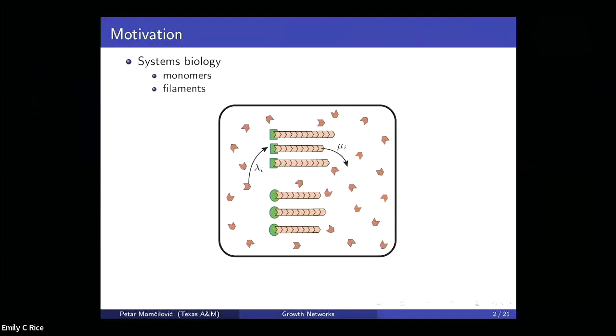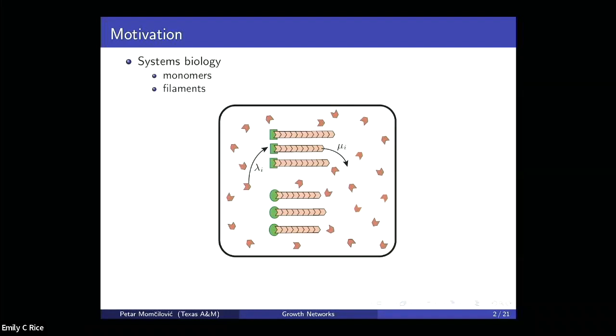These are linear structures. Here in this example, I have 6 different filaments, and these molecules are floating around and attaching themselves. There is some rate of attachment of a particular monomer to a particular filament, here for example, lambda, okay? So this is growth.